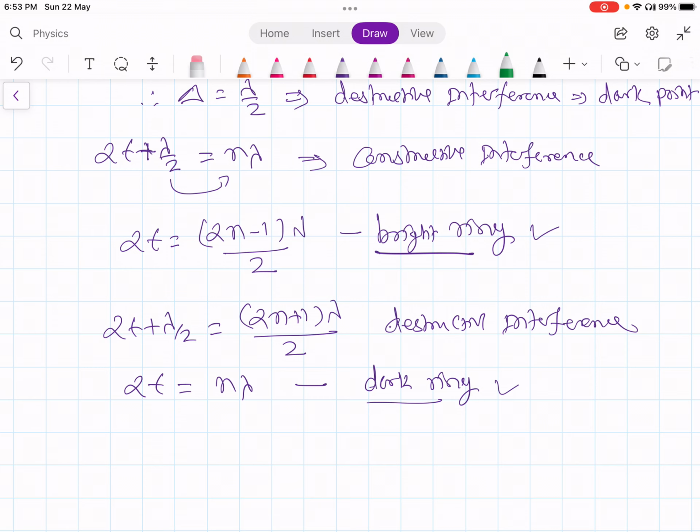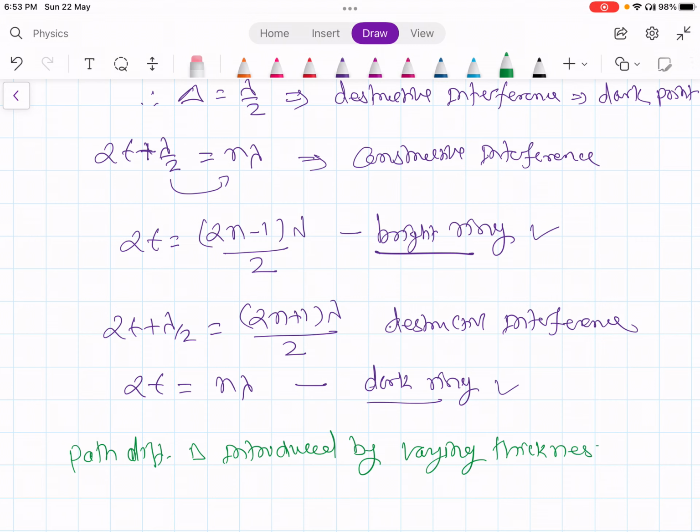As you can see here in this case, the path difference is introduced by varying thickness. As the thickness changes, path difference changes. So the path difference in this case depends on the thickness only, because thickness is the variable.